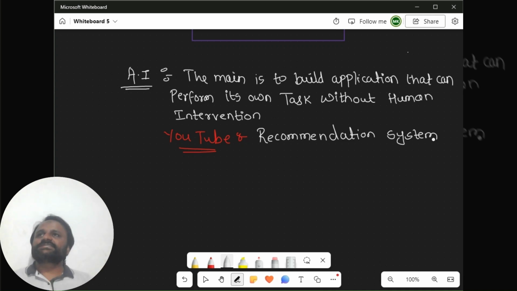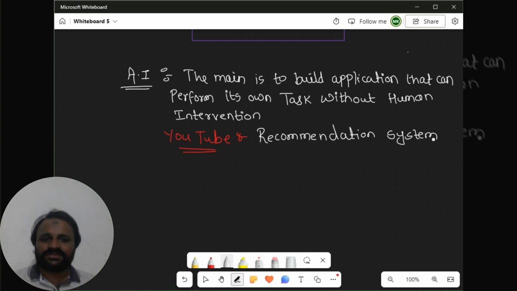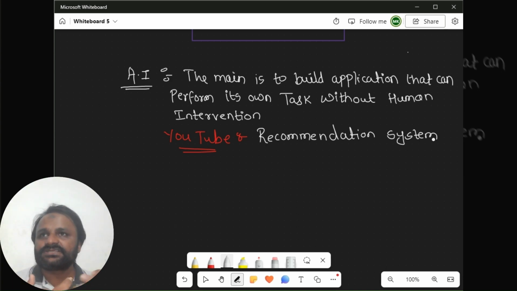Or Netflix: when the person is watching horror movies, animated movies, or some romantic movies, the second time he enters the system, it will start recommending, saying this is suggested, this is the suggestion from Netflix, you must watch this, you can also watch this. You might see this kind of recommendation.